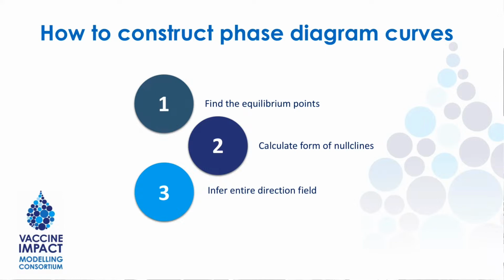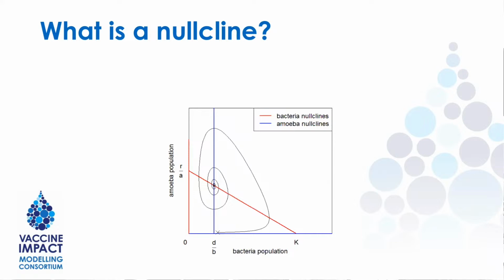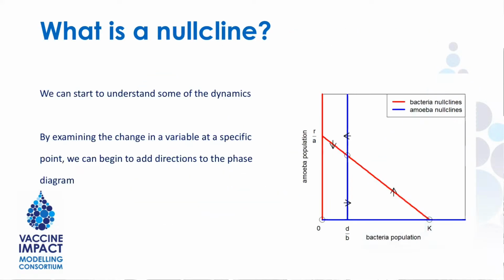What we mean by that is we started adding those little arrows to think about how one population is changing in a region of the phase diagram. We can do that by thinking, okay, on the null cline we've only got horizontal or vertical movement. So in this area, we've got a mix of the two. So we've got an arrow going like that. Over here, we've got arrows moving like this.